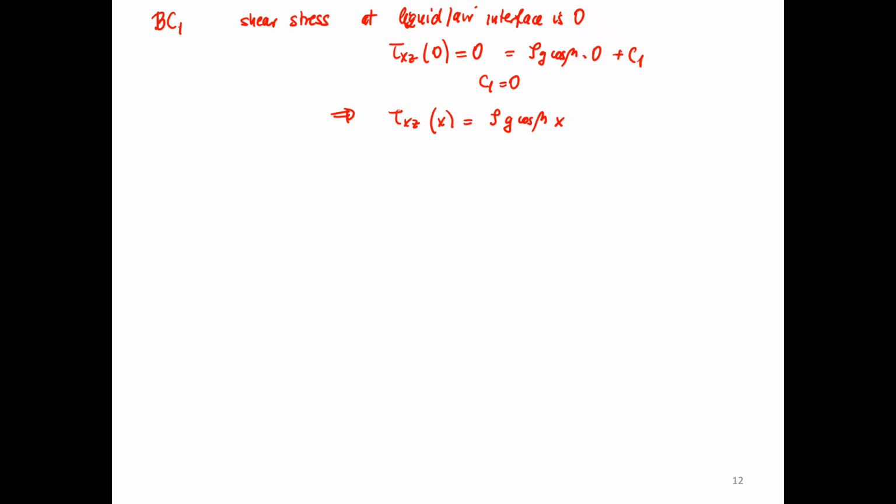So my maximum tau xz is tau xz at delta, and that's rho g cosine beta delta. And it's linear between 0 and delta, yes?